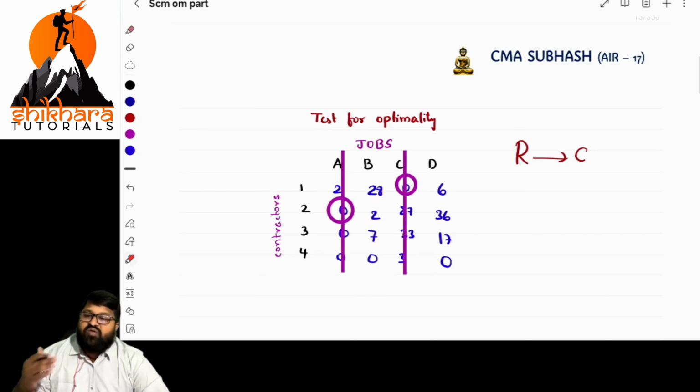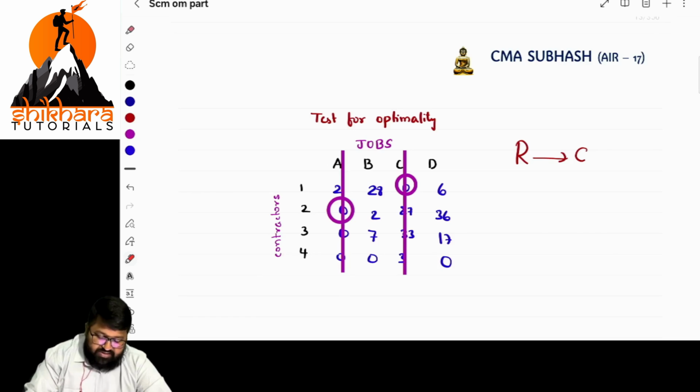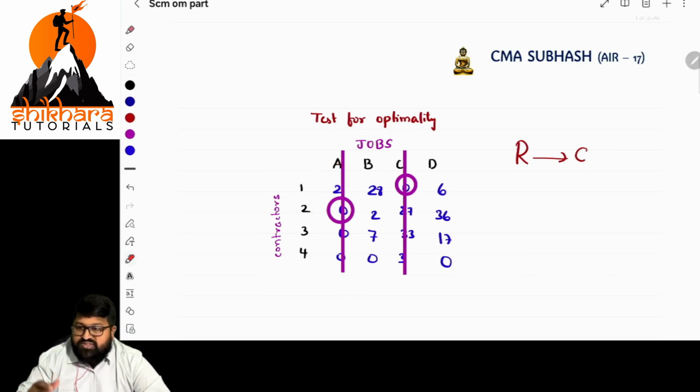Then we go for a check with the columns. How to do this, sir? Basically, check the columns with single zeros. When a column is struck, do not consider it. Consider the other part.